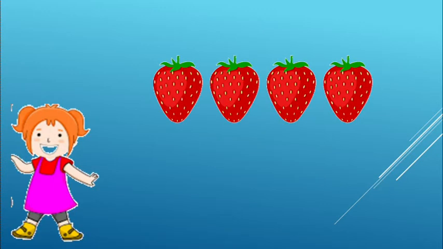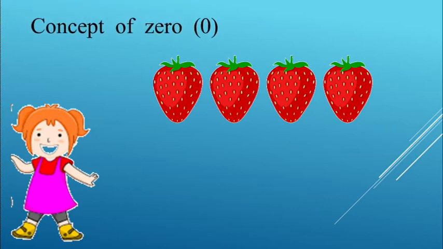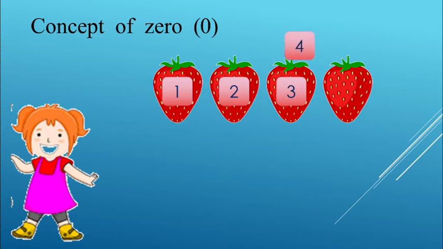Students, now let's understand the concept of 0 with another example. Here we have a little girl. She loves strawberries. Now let's count the number of strawberries. 1, 2, 3, 4.